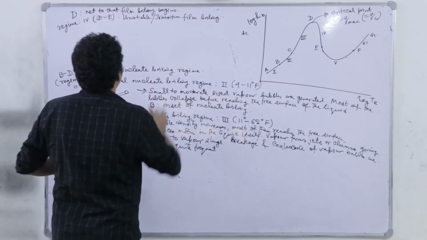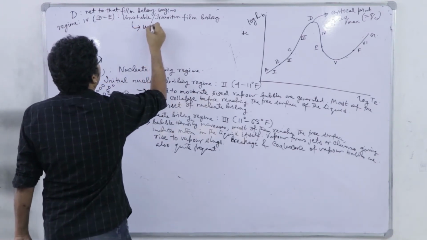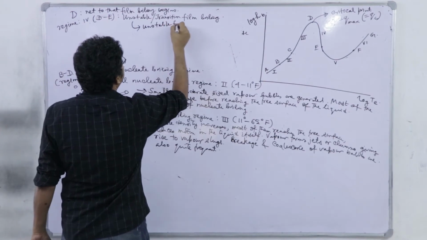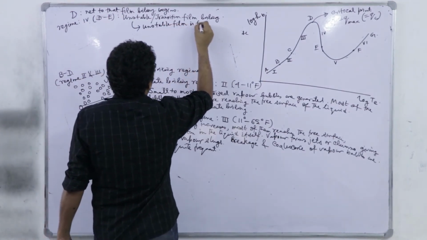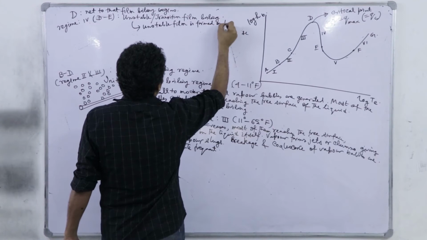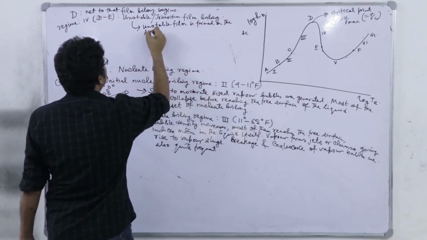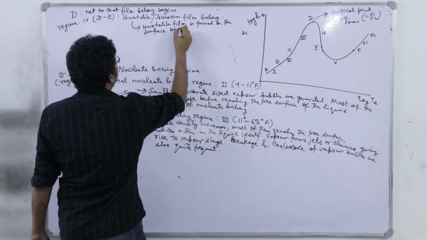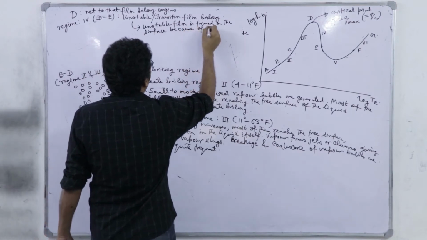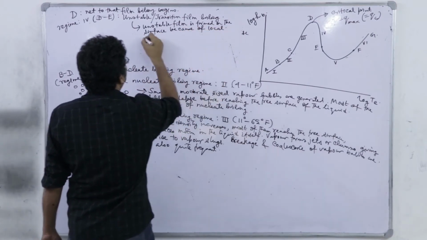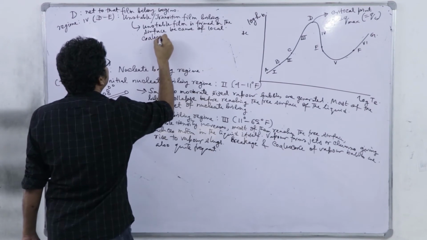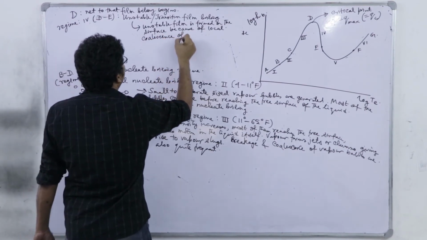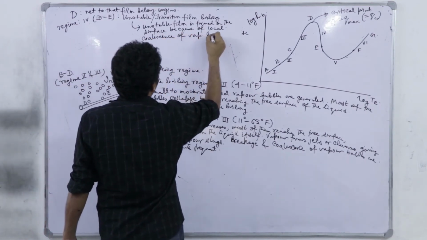So, unstable film is formed on the surface because of local coalescence of vapor bubbles.